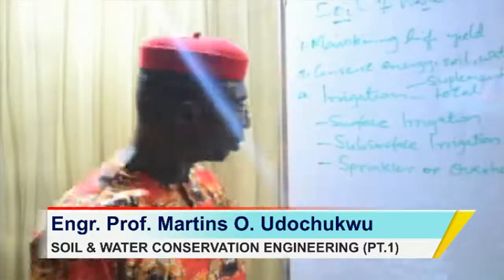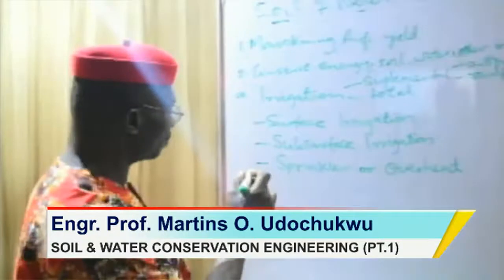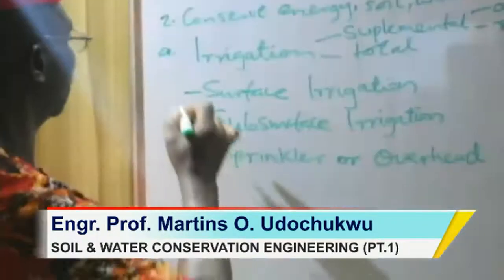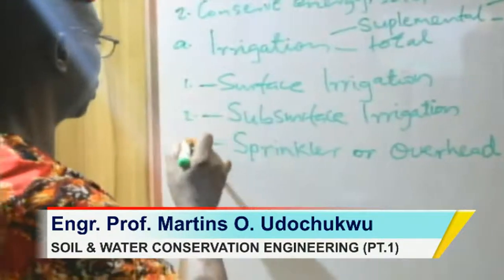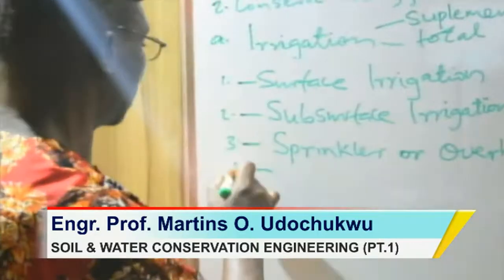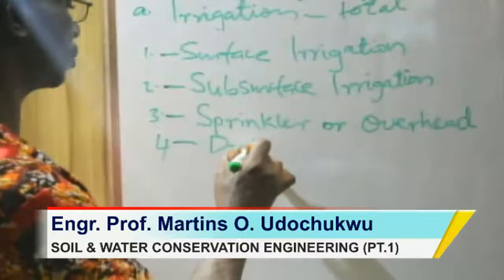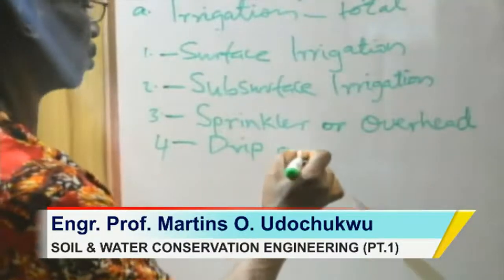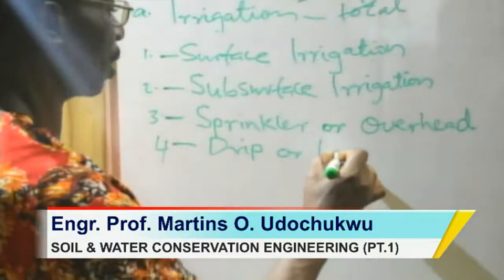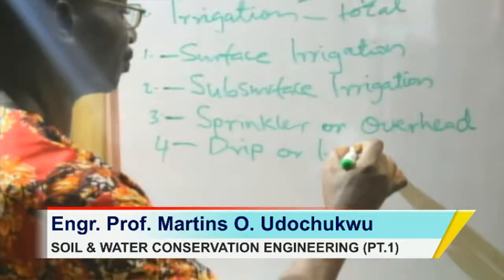Now, the fourth method, having 1, 2, 3, and 4, is the drip or trickle. You can call it trickle irrigation.